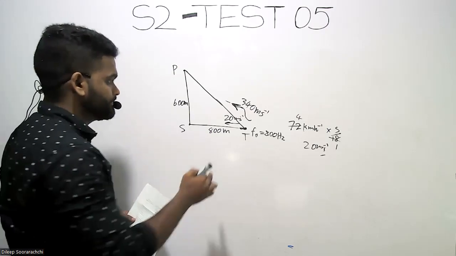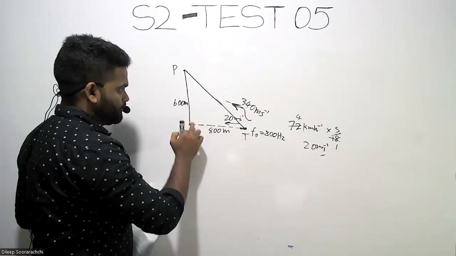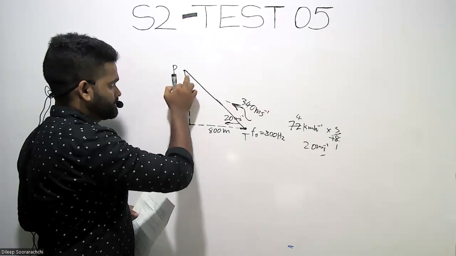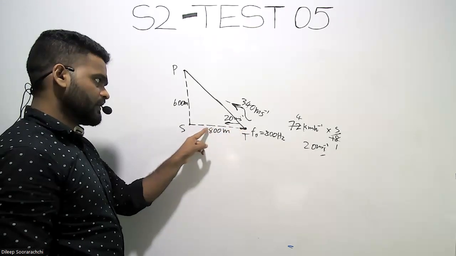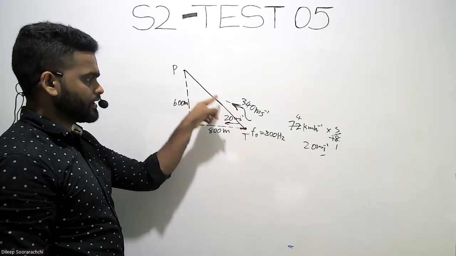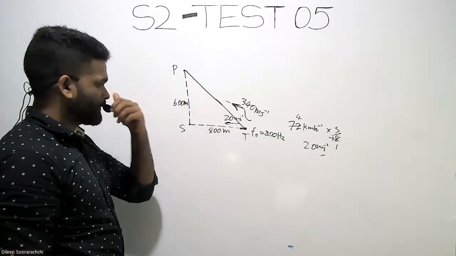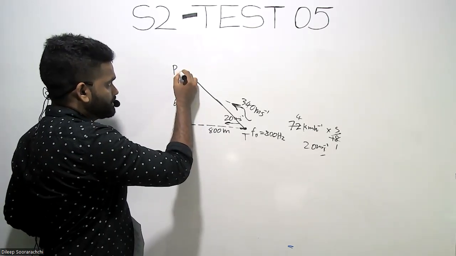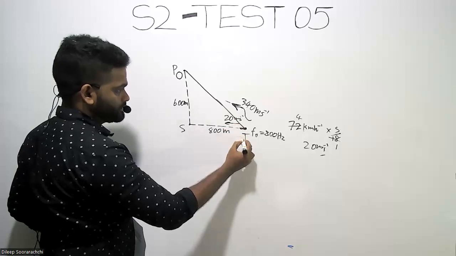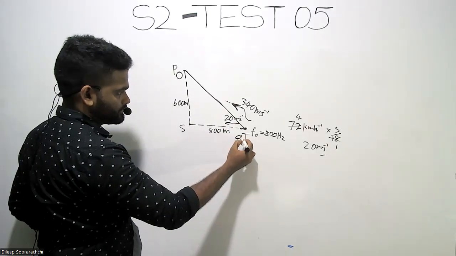So here, whenever you have a case like this, meaning the direction of the source is to one side, but the direction of the sound is to another side, what you have to do is this. Here we have the observer. This is the source actually. This is the source.